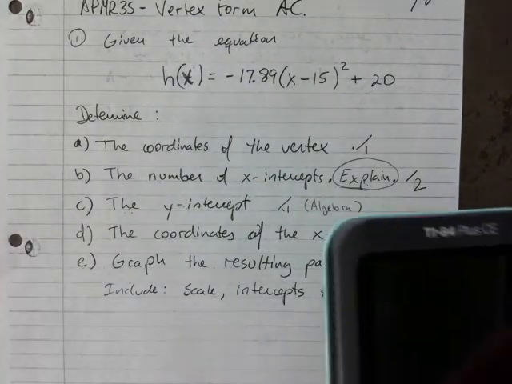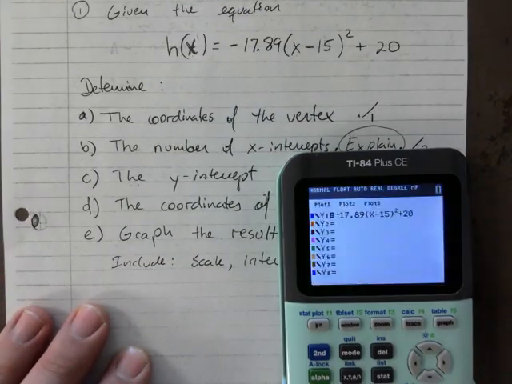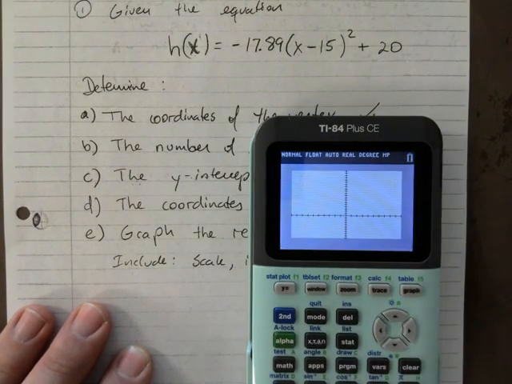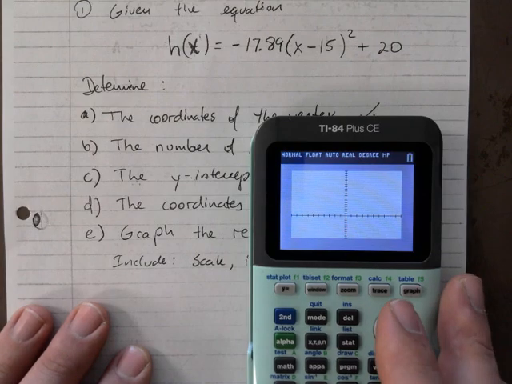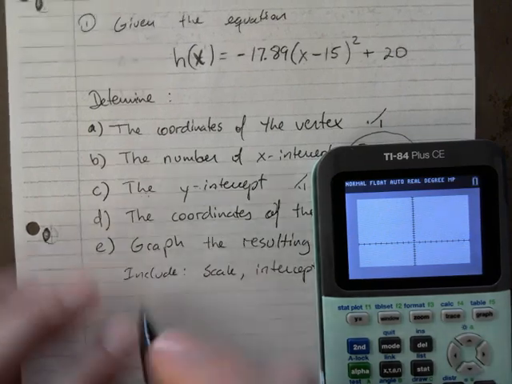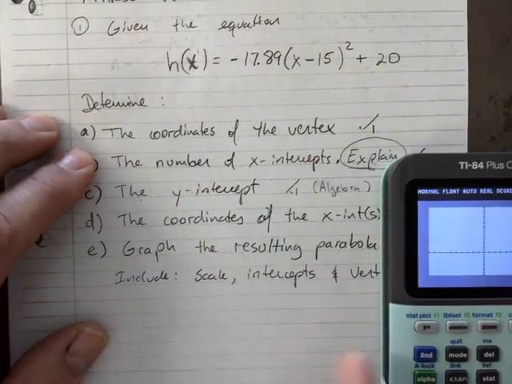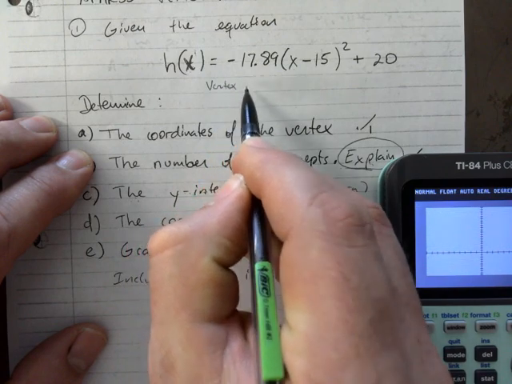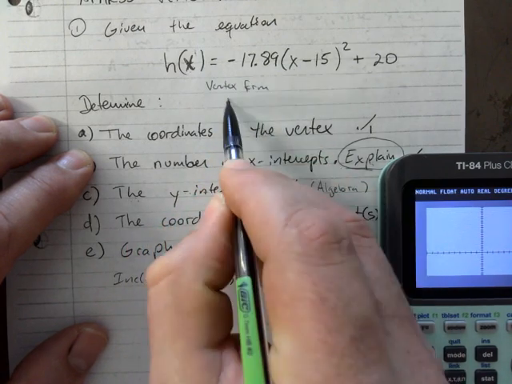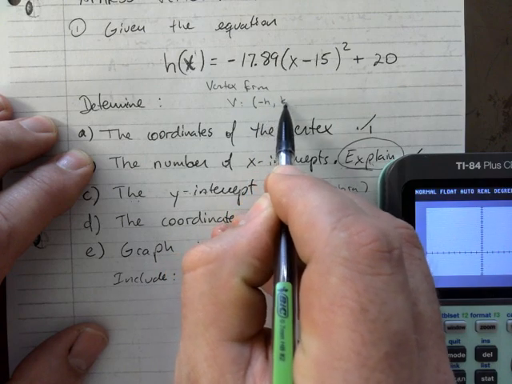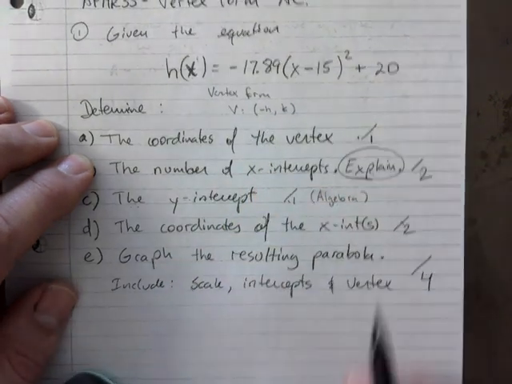Unless I tell you otherwise, go ahead and type this in and just figure out what window works in this case. You probably had a bit of a hard time finding a good window, but the vertex, right? When this one is in vertex form, we know that the vertex is negative h, k.